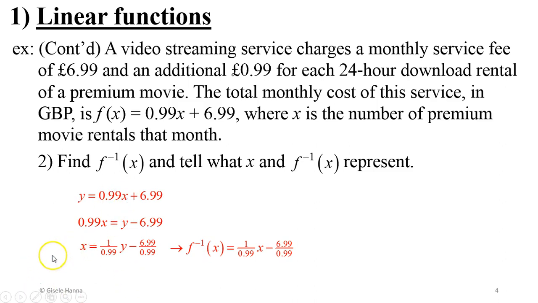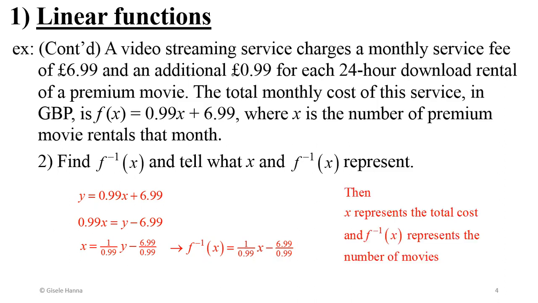So up to this point, when we solved for x in terms of y, we had the number of movies rented in terms of y, the cost of the service that month. So in fact, in f inverse of x, f inverse represents the number of movies rented, and x is the cost of the service during that month.